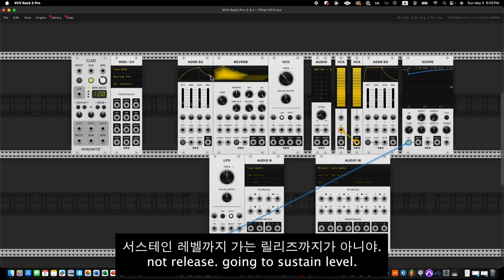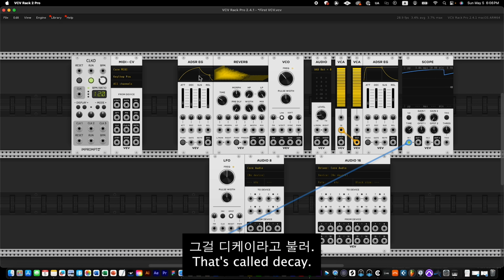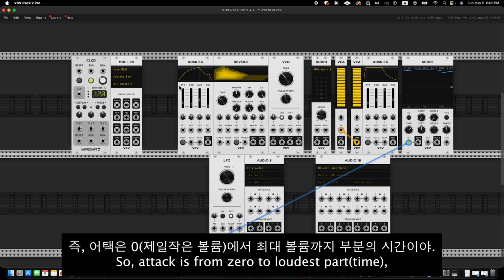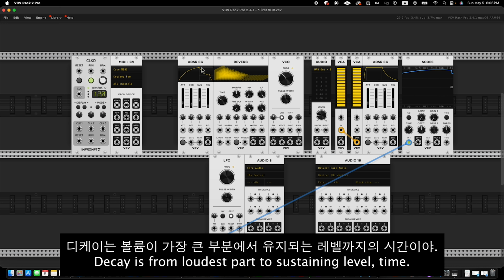So attack is from zero to the loudest part, and decay is from the loudest part to the sustaining level.